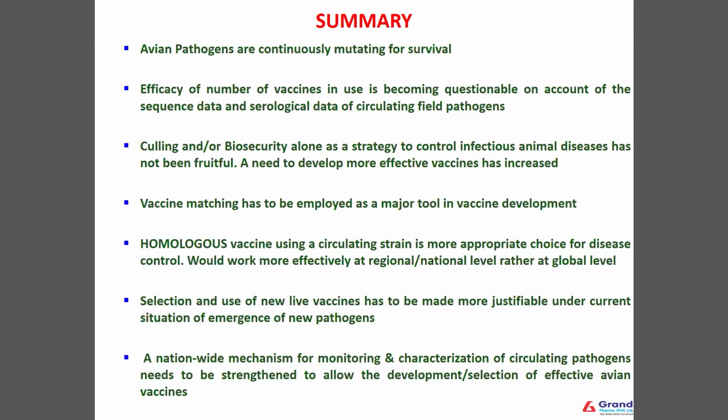As we heard yesterday, our colleagues talked about different approaches to develop homologous vaccines. Homologous vaccine, using the circulating organism, is a better approach to control the infection, and this approach may need to be specific to the region or country.